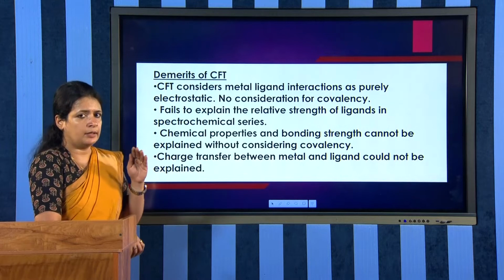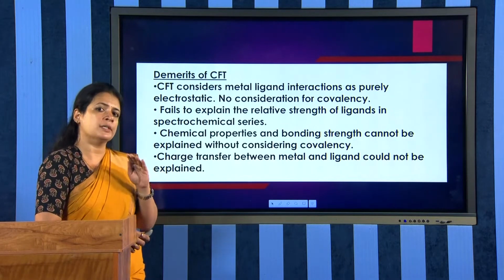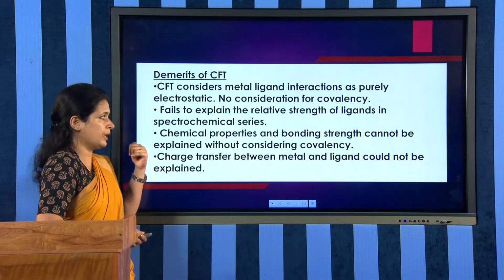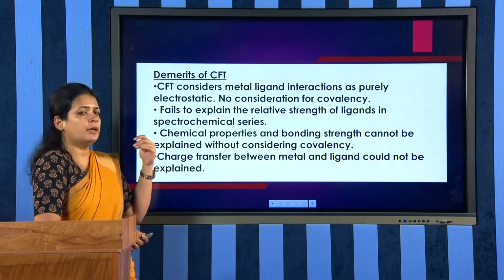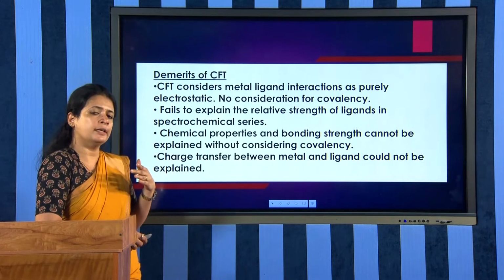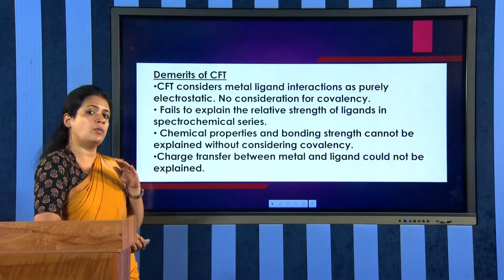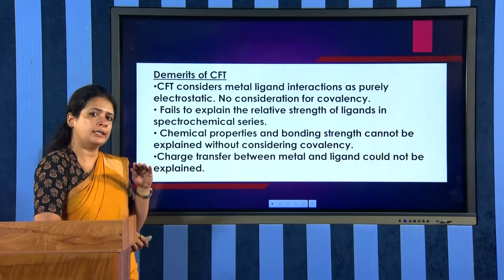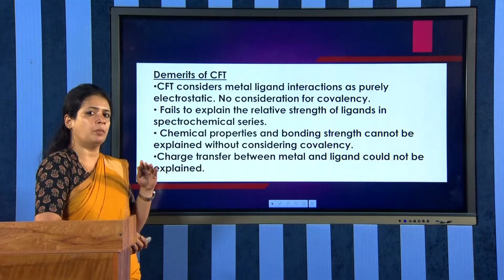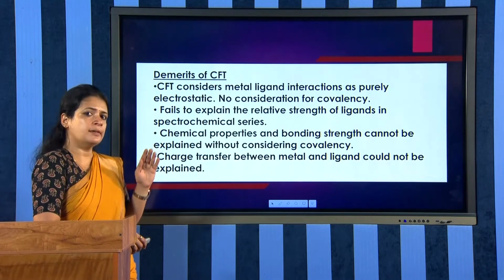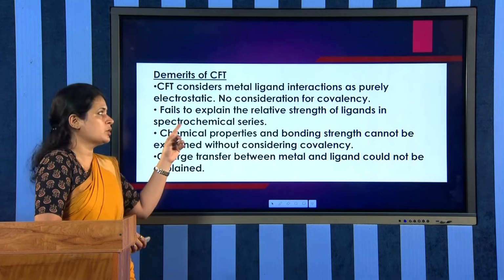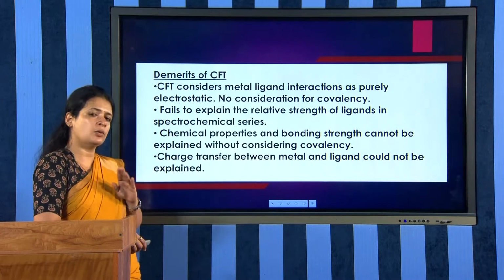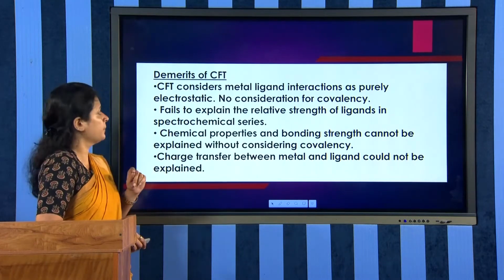But the problem is that it doesn't give any importance to covalency. It was found that some kind of covalent character is there in the metal ligand bond. According to crystal field theory, no consideration was given for the covalent character or covalency. That was the first demerit.